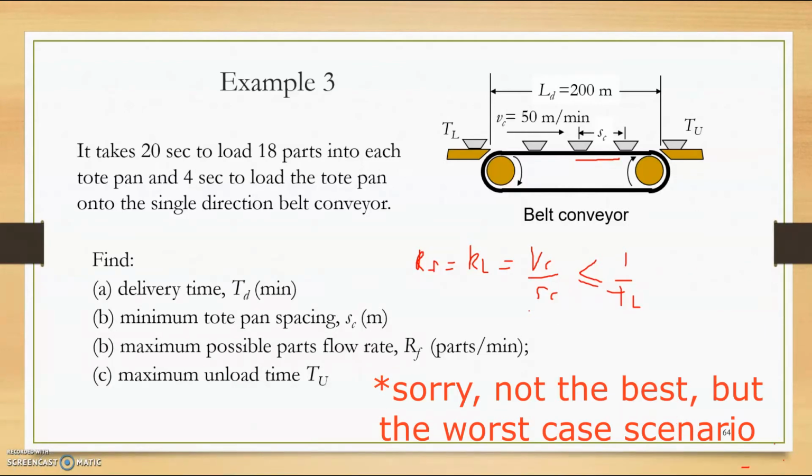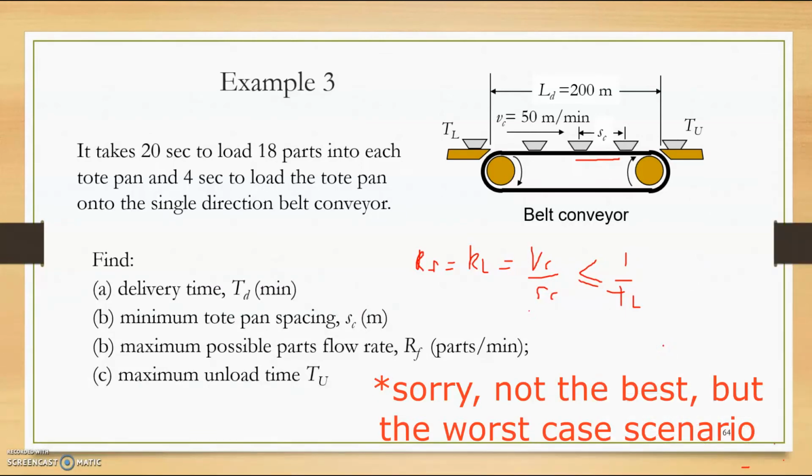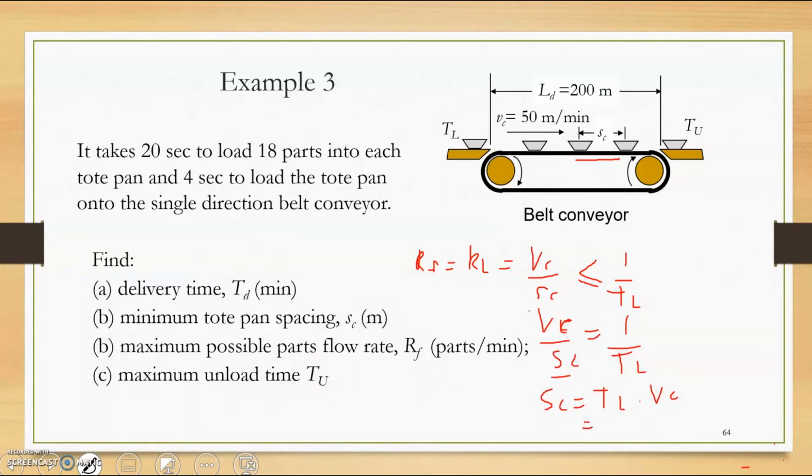The best scenario that we can have is VC over SC equals 1 over TL. We want to find SC, so we rearrange this formula. SC equals TL times VC. So from here we can calculate the minimum tote pan spacing.